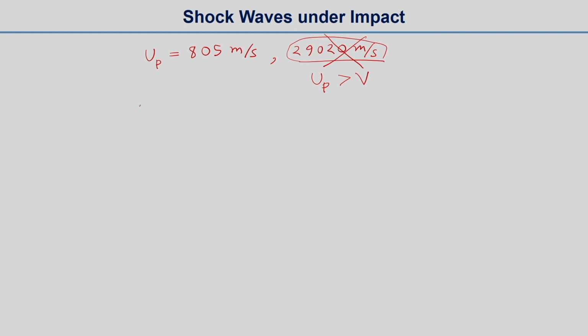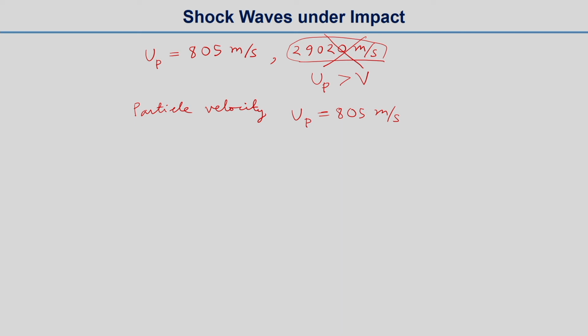So that means our particle velocity in this impact will be 805 meter per second. That is the particle velocity because of the impact.